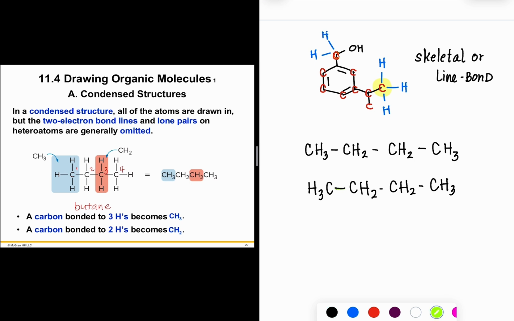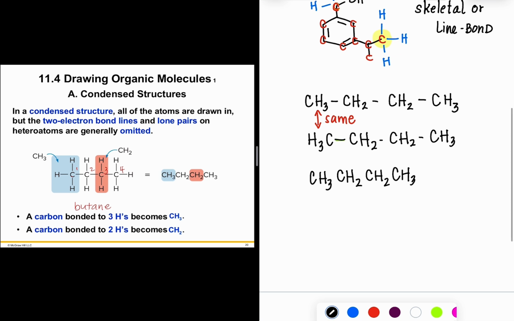These two, these are the same. I've kind of drawn a condensed structure here, and I'm going to take the lines out to condense it more. CH3, CH2, CH2, CH3. I'm showing the carbon to carbon connection.